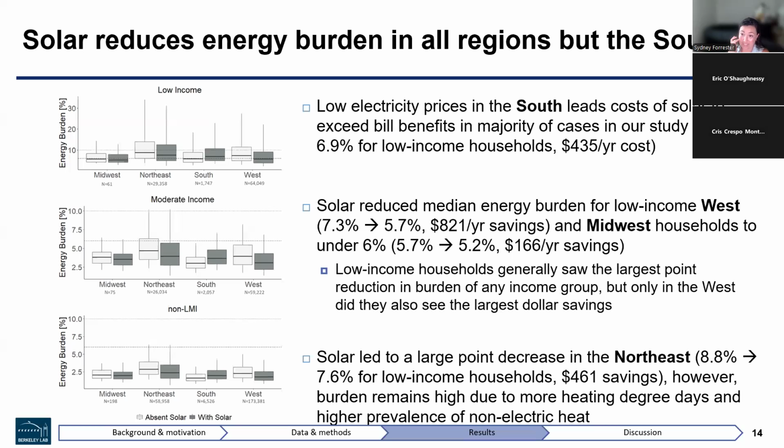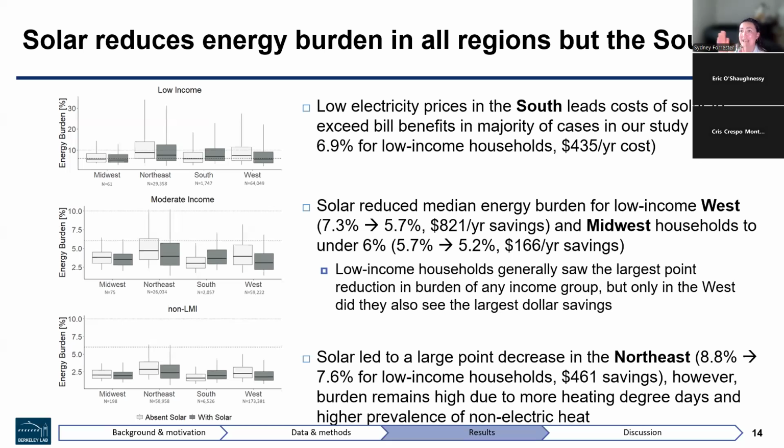So here you see that solar led to a very large point decrease in the Northeast. So 8.8% to 7.6% for that low income group was $461 in savings. So that's a lot more than like the Midwest, for example.